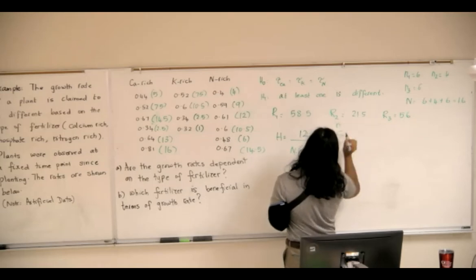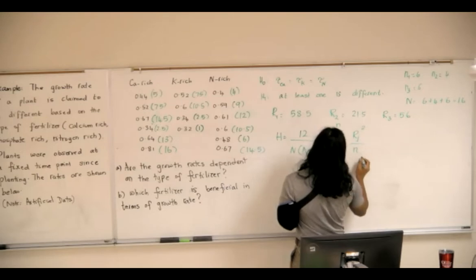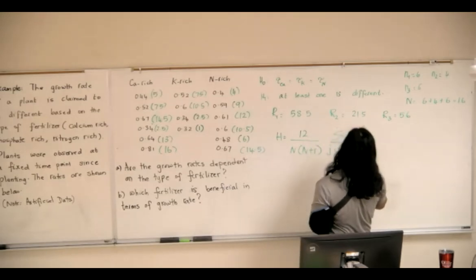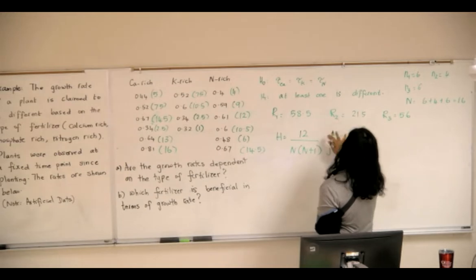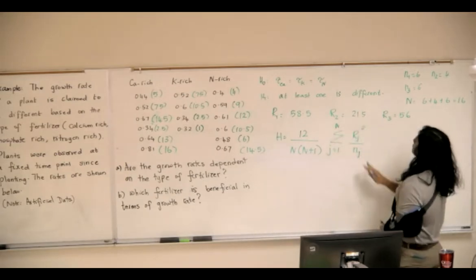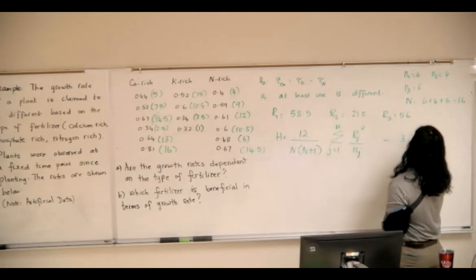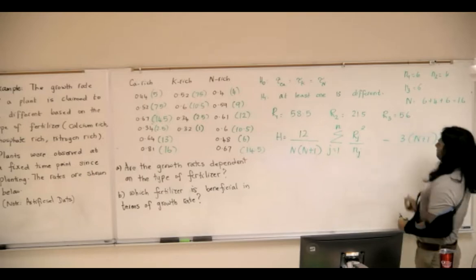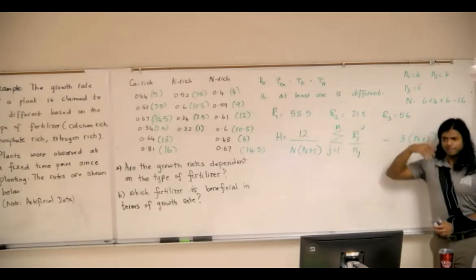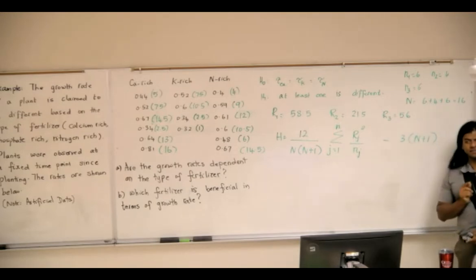I believe I used J. That n would be the number of groups that we have. I used lowercase n last time in the formula, correct? Because I don't want to confuse you guys.